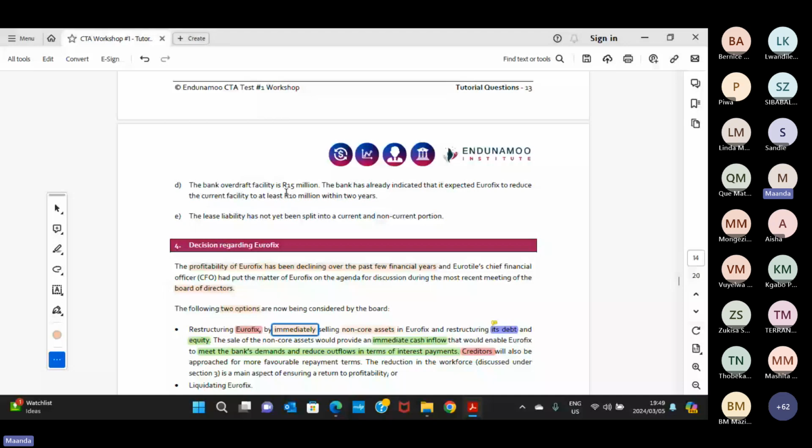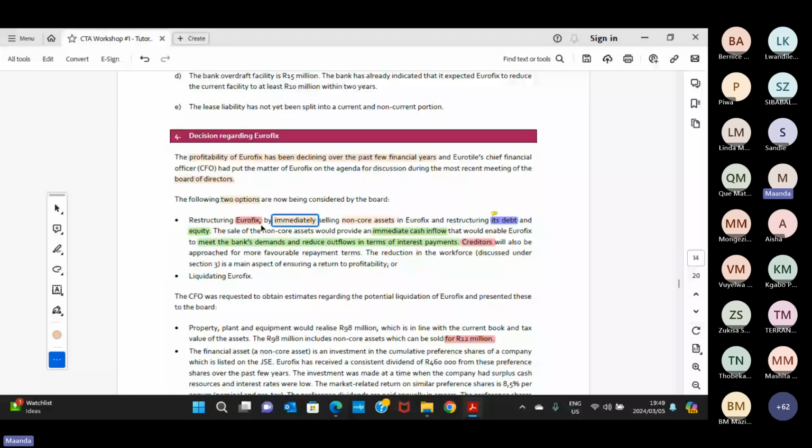So that's some of the bank's demands, to have it at 10 million. And I'm being told that I'm selling this immediately. So one thing that I can think about is, you are telling me that you want to sell this non-core asset at 12 million.